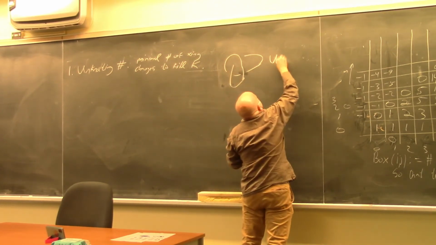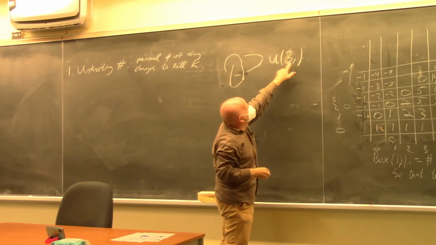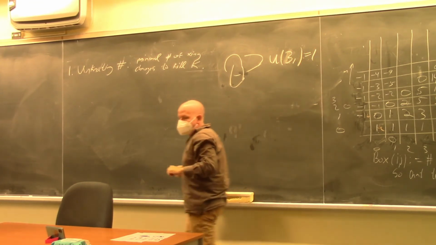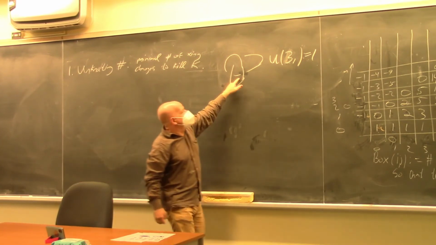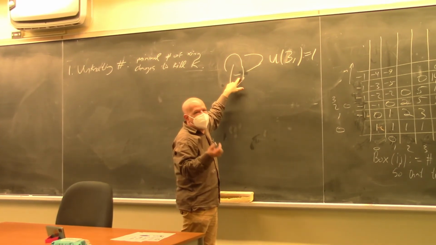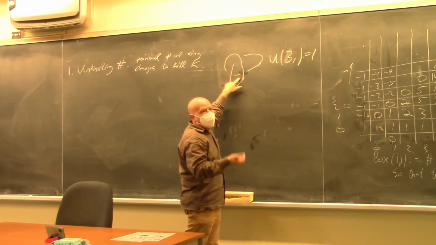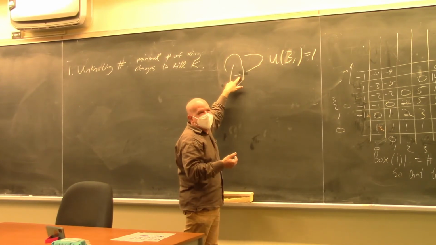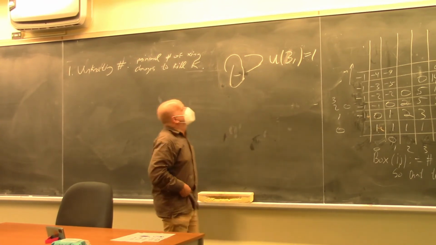Okay, so the unknotting number of the trefoil, also known as the first knot with 3 crossings, is equal to 1. Can't be 0. Well, by showing you that flipping one crossing returns it to the unknot, I've shown that the unknotting number is less than or equal to 1, but it can't be 0, because if it was 0, it would have been the unknot, and we can compute its Kauffman bracket and deduce that it's not the unknot. Okay.